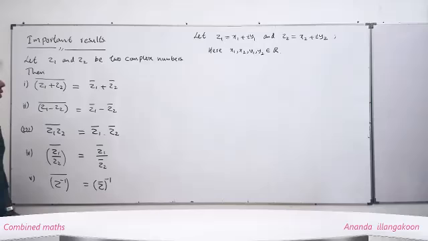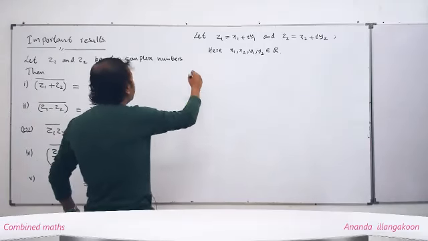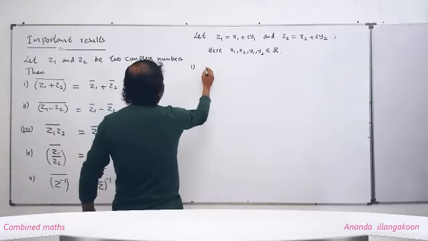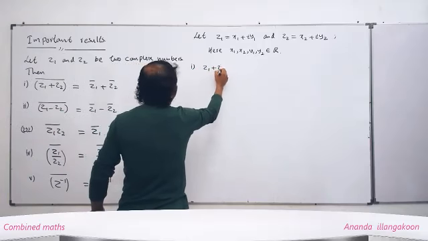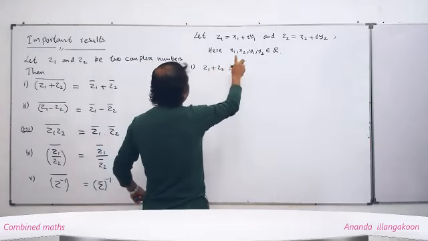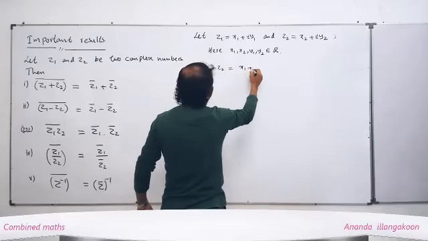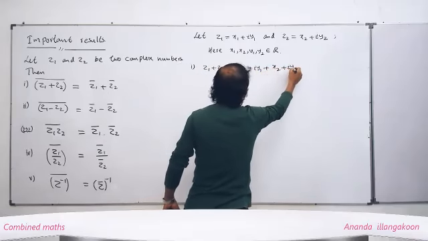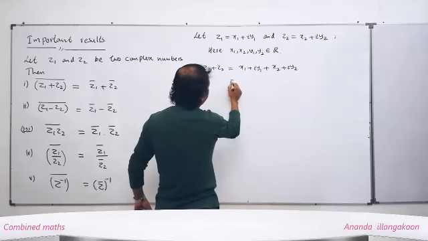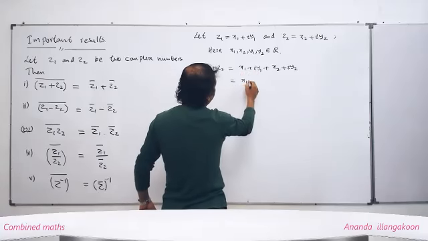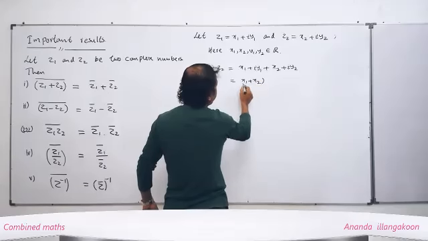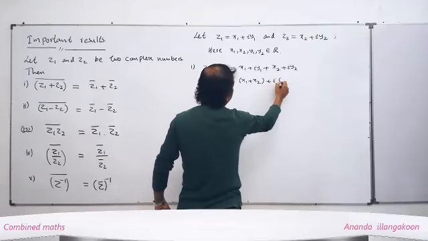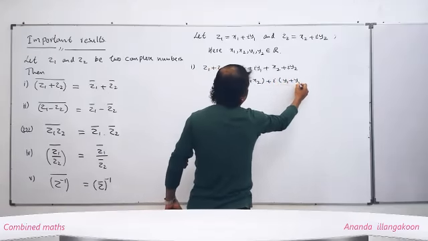Now, first thing I am going to prove like this. First, I am going to add Z1 and Z2, people. Then Z1 is x1 plus iy1, Z2 is x2 plus iy2. Then I can first write the sum x1 plus x2, take this i out, the sum y1 plus y2.